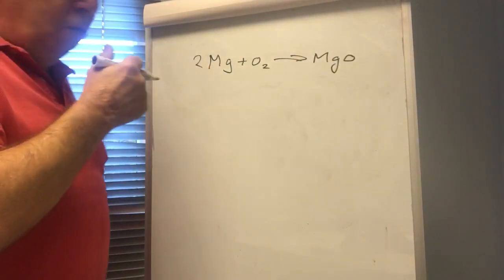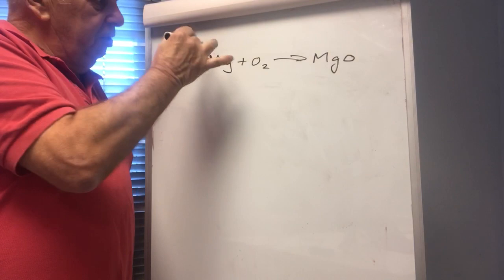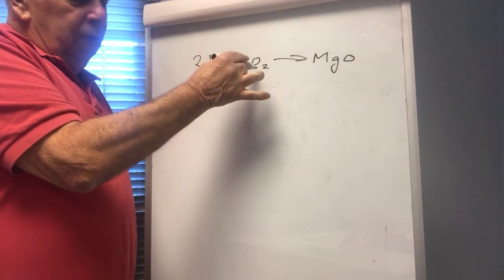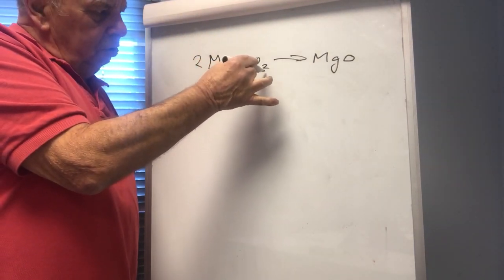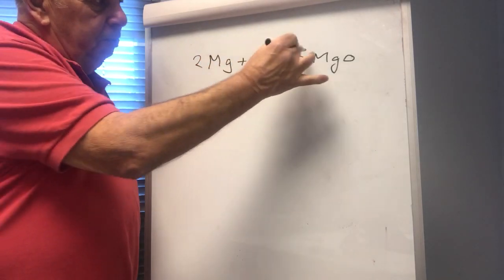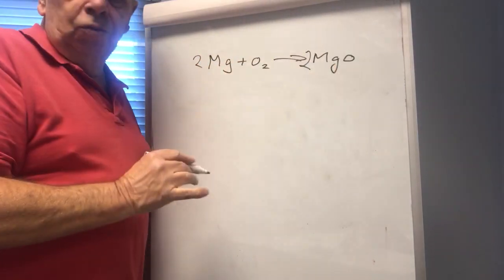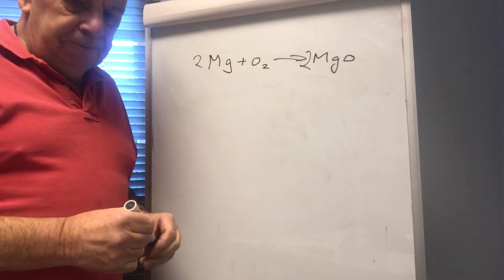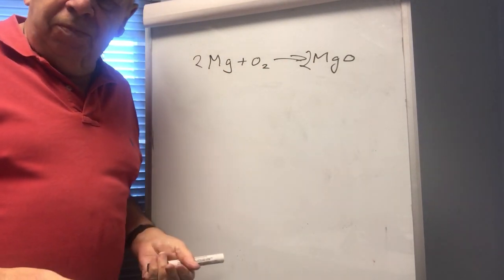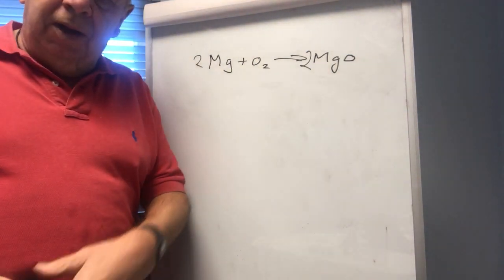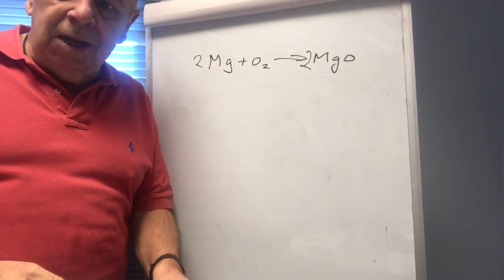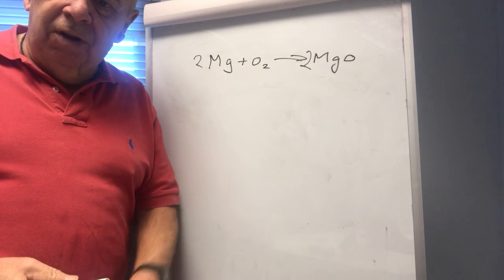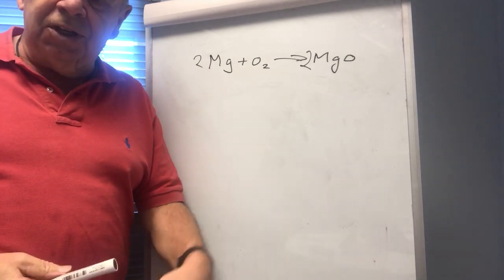Now, 2 moles of magnesium react with 1 mole of oxygen molecules to produce 2 moles of magnesium oxide. I'll be talking more about moles when I look at acids, alkalis, neutralisation, volumes of gases, etc.